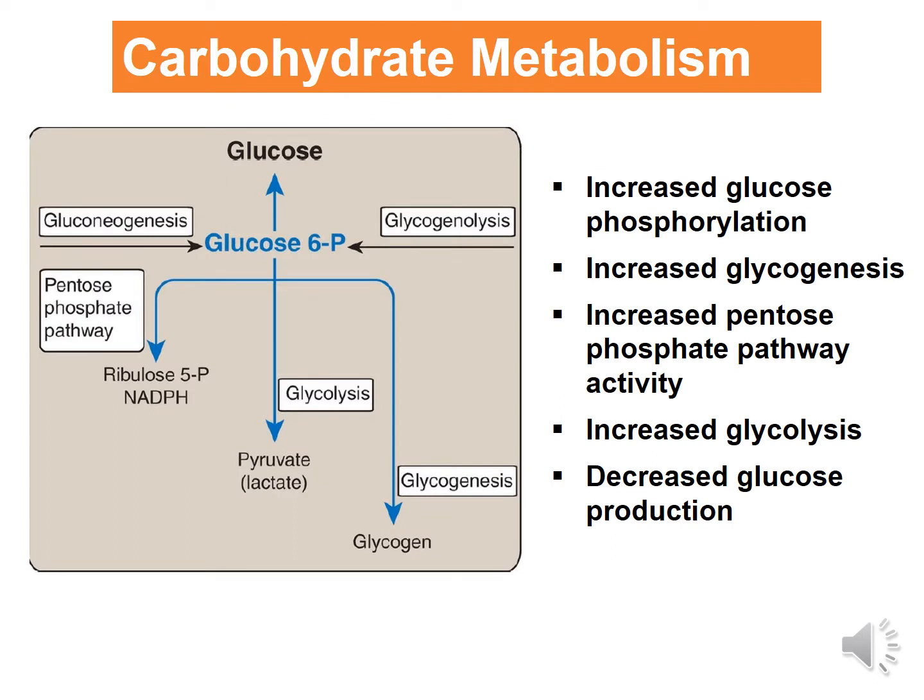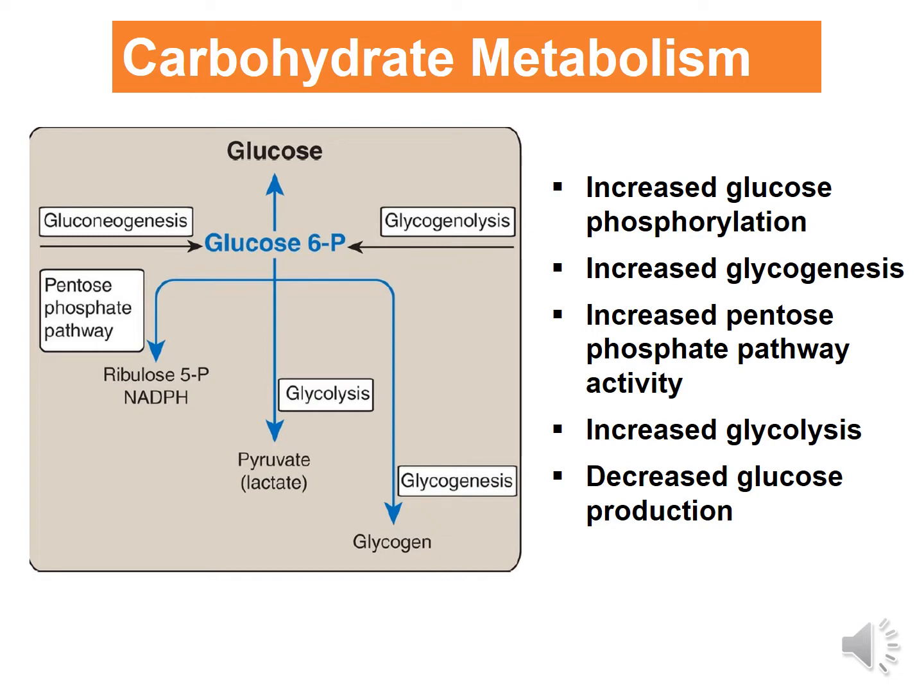It is critical for animals to maintain the concentration of glucose in blood within a narrow normal range from 3.3 to 5.5 millimoles per liter. Maintenance of normal blood glucose levels over both short periods, hours, and long periods, days or weeks, is one particularly important function of the liver.